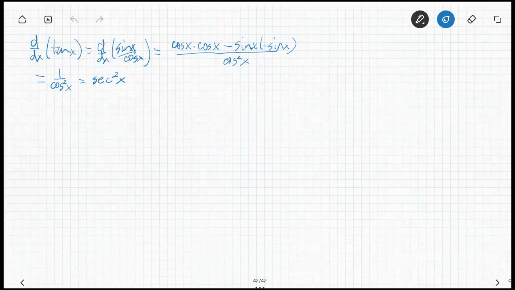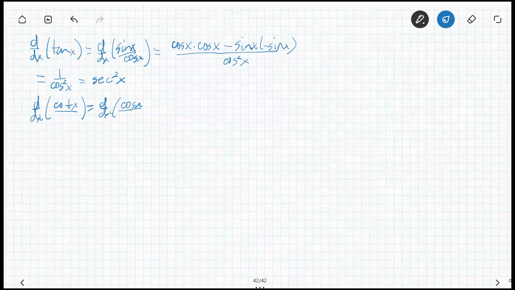Similarly, watch this. If I want to take the derivative of cotan of x, this is equal to the derivative of cosine of x over sine of x. I want to prove where that negative comes from on this guy.